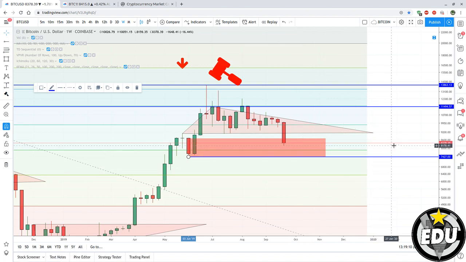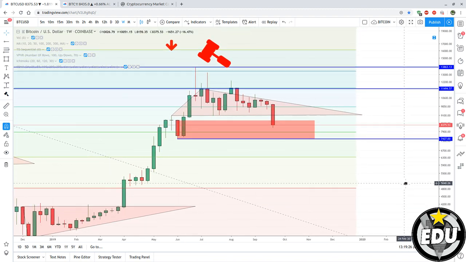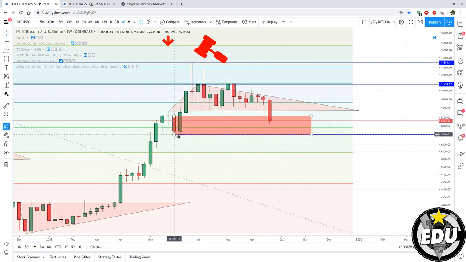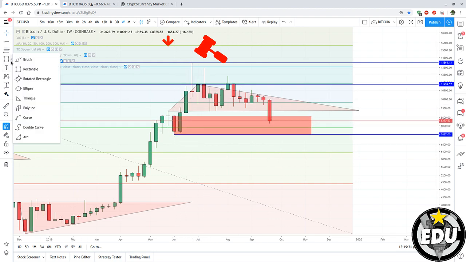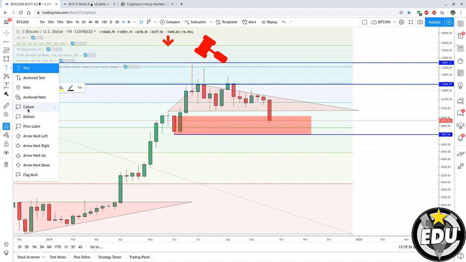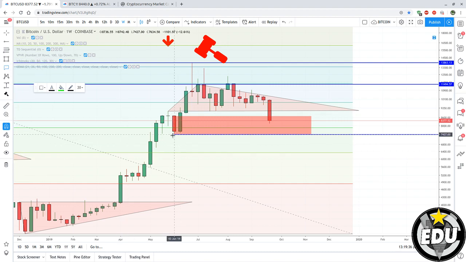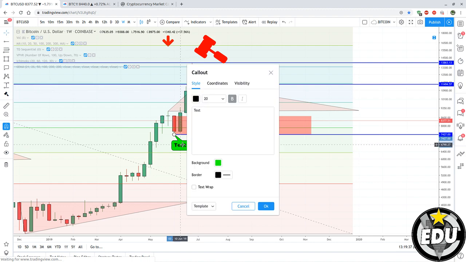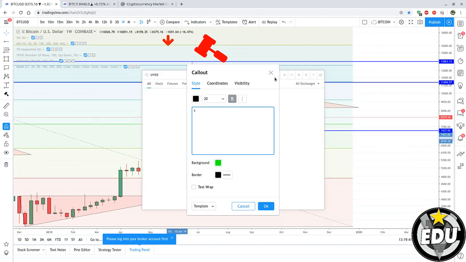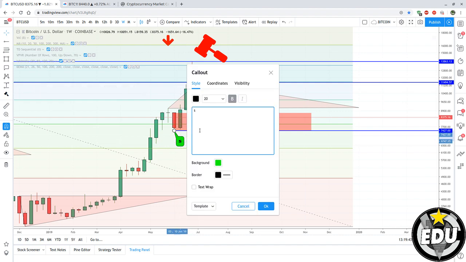But based on some of the gaps that I was spotting in the CME chart, we might see some reaction there. But the main reason why I would like to see the bounce at that level is because this is the main buyer. This is the buyer here. Call out. That's the buyer or the buyers. Oh my God, what happened here? Buyers.